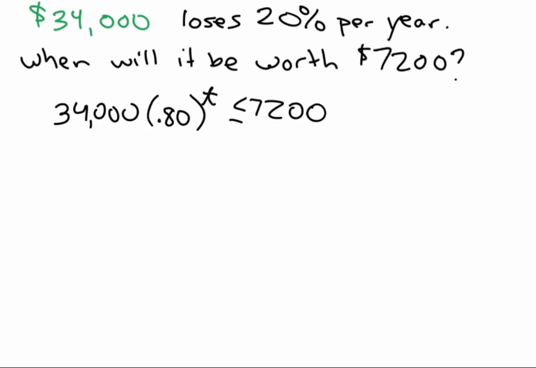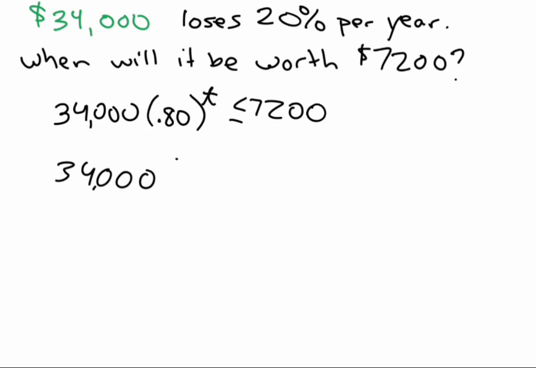All right, so the first thing they suggest in here is just try some values. Say like, after 5 years, or we can divide both sides by 34,000 just to make it a little less. You can plug the whole thing in your calculator. Sometimes if you're just plugging in your calculator, you could also graph it and see when it goes below 7,200. So essentially they're just kind of guess and checking it. And they find out that it looks like 6 years is too many.